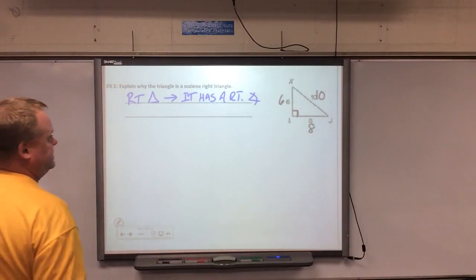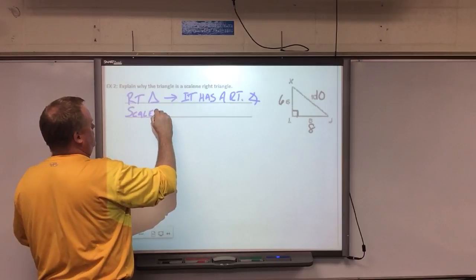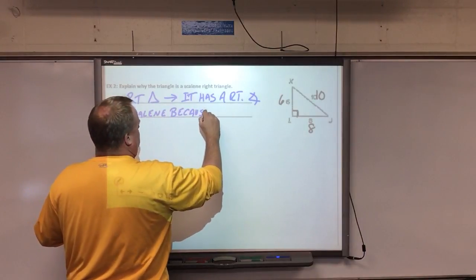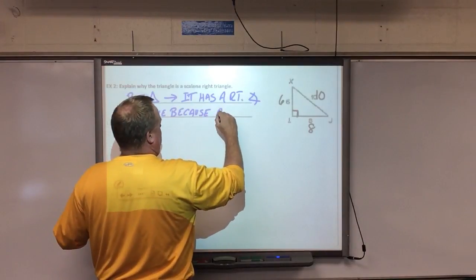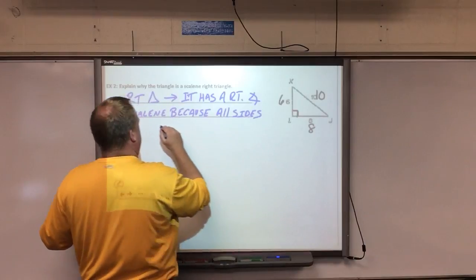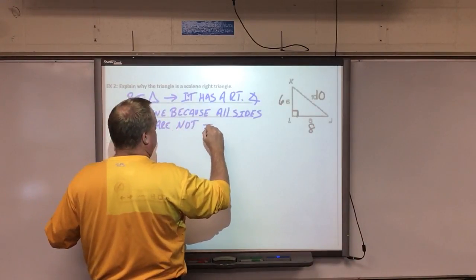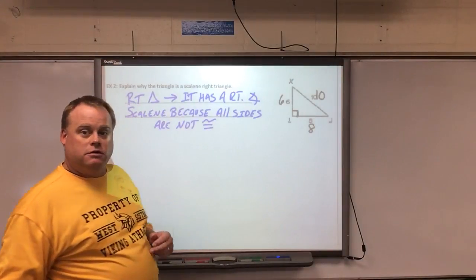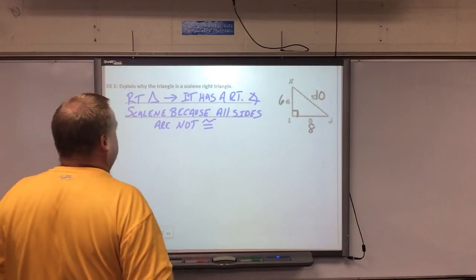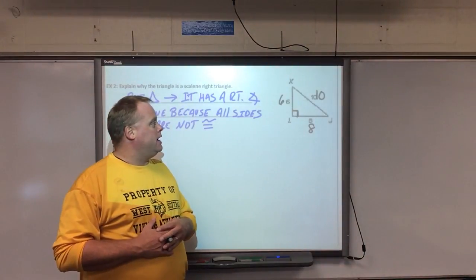And the next one is it's scalene because all sides are not congruent. None of the sides are congruent, right? None of the sides are congruent. No side is congruent. All right?